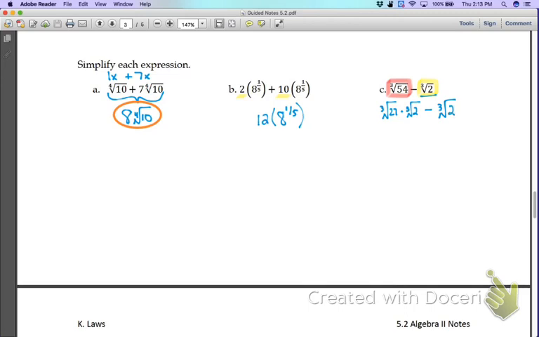Now, what is the cube root of 27? 3. So I'm looking at 3 times the cube root of 2 minus 1 times the cube root of 2. Just kind of added the 1 in there. So what's my final answer? 2 times the cube root of 2.